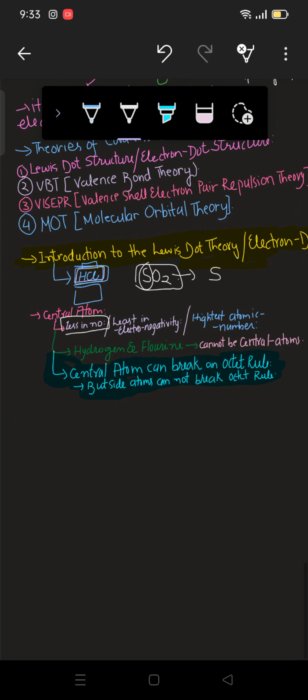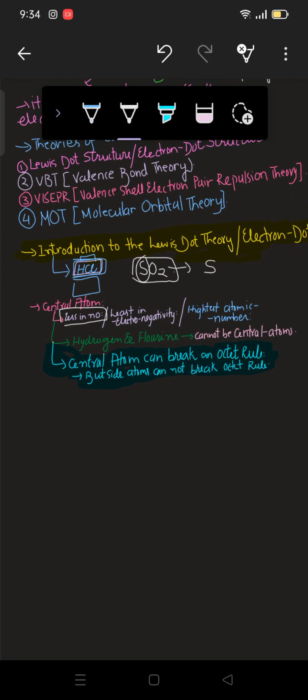Now where can these oxygens be placed? The second rule we discussed: hydrogen and fluorine can never be the central atom. Oxygen can be a central atom, sulfur can be a central atom, chlorine can be a central atom, carbon can be a central atom, and in most cases you are going to have chlorine as a central atom.